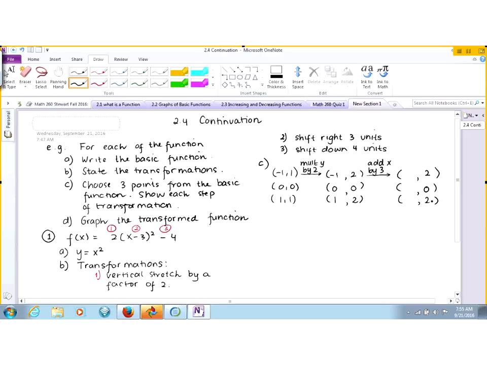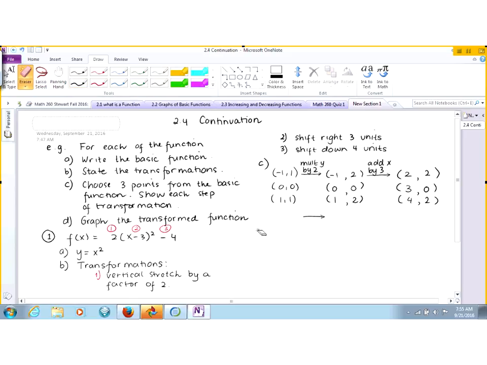So I will copy the y: 2, 0, 2. And what will we do to x? We add 3. So negative 1 plus 3 is 2, 0 plus 3 is 3, 1 plus 3 is 4.